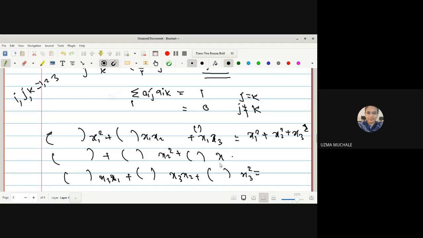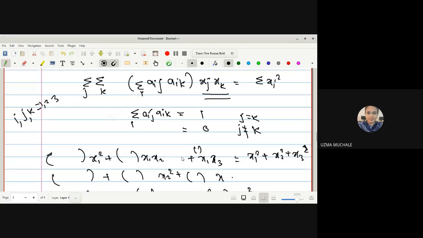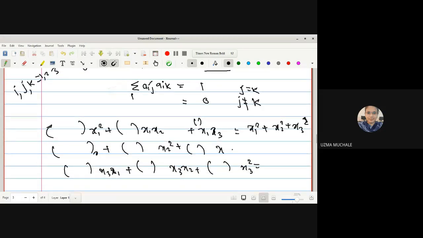So after comparing this, did you all understand how this summation is evaluated? Yes, ma'am. Simply I have evaluated the summation. J and k both are 1: x1 square, x1 x2, x1 x3. If I run the summation, next again you get here x2 x1, x2 x2, x2 x3. So if you see here, the coefficient of x1 square will be 1 only for j equal to k.